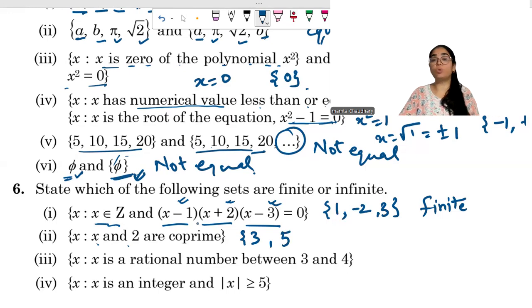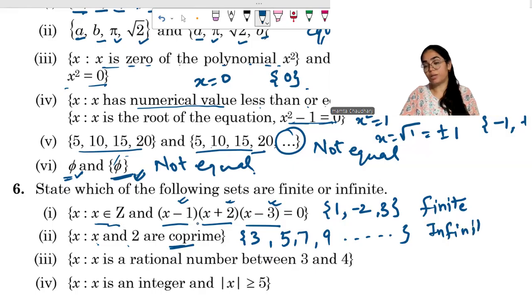HCF of 5 and 2 is 1. HCF of 7 and 2 is 1. HCF of 9 and 2 is 1. So there are many numbers whose HCF with 2 is 1. So they are co-prime. This set is called an infinite set because the number of elements is not countable.